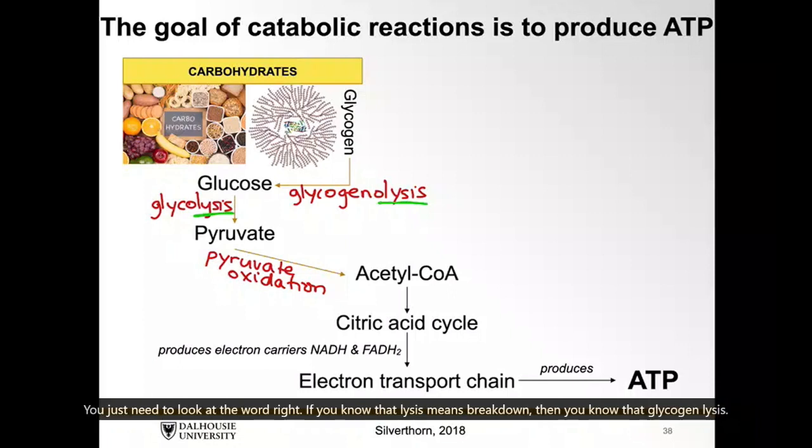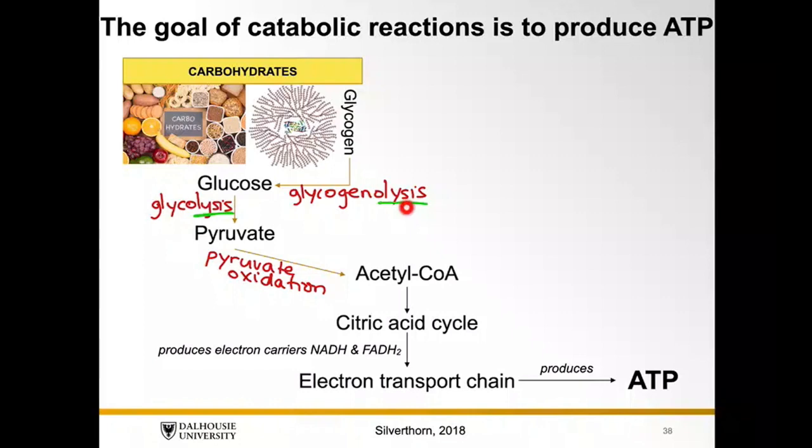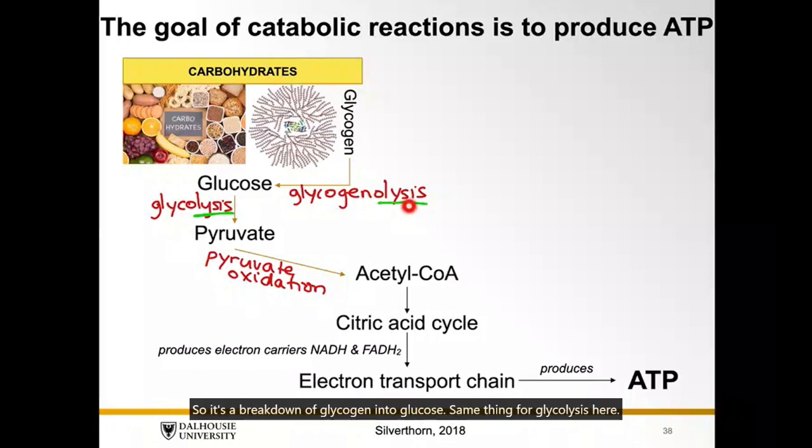You just need to look at the word. If you know that lysis means breakdown, then you know that glycogenolysis is a breakdown of glycogen into glucose. Same thing for glycolysis here. Glyco refers to glucose and lysis is the breakdown. So glycolysis is the breakdown of glucose to pyruvate.